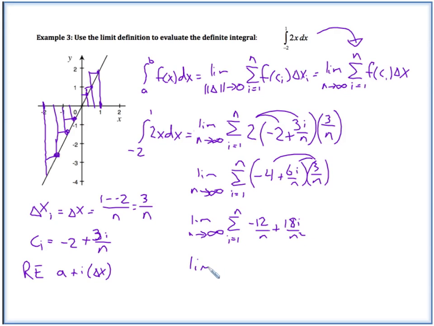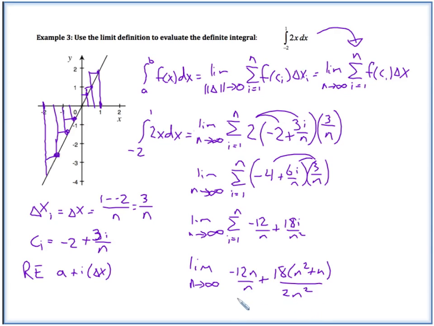We'll still have our limit. So the -12 over n changes into -12n over n. And then the 18i over n squared is going to be 18 times (n squared plus n) over 2n squared.